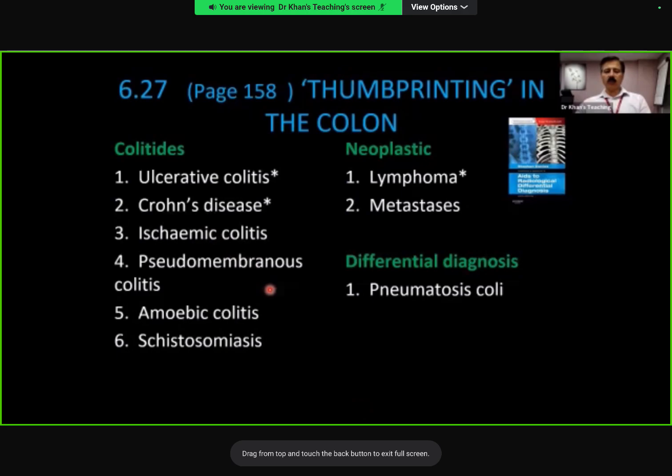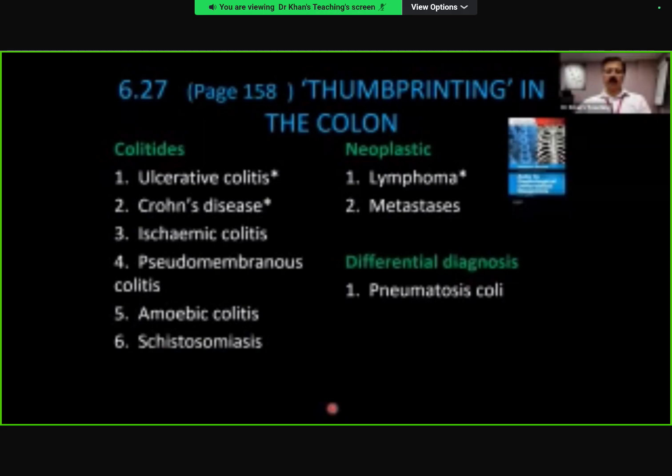Non-specific finding of what? Basically mucosal thickening. And this mucosal thickening will be seen in the large as well as the small bowel. I'll show you many examples. Please do not think that all cases of mucosal thickening will have thumbprints. Within the small bowel, there might be other signs which we will consider later.